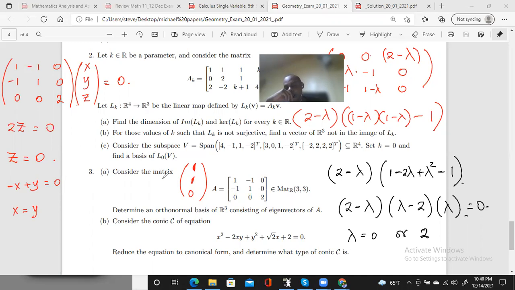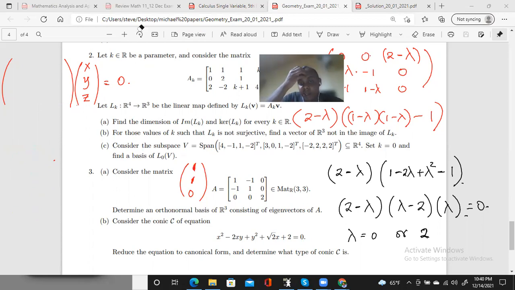Right? Yes. And then the other eigenvector. It's going to be 1 minus 2, which is negative 1. So the matrix is negative 1, 1, 0; 1, negative 1, 0; 0, 0, 0.